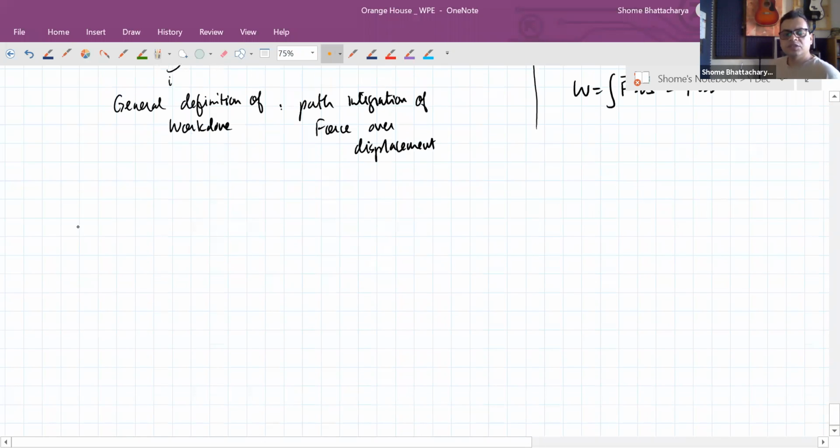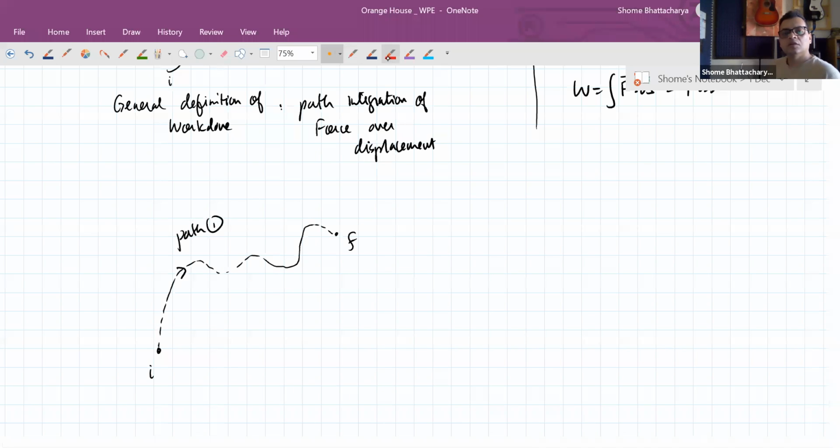Okay. So for example, if I take a body from this initial position to this final position by one path like this, let's say this is path 1, and during that I'm calculating the work done by some force acting on it.